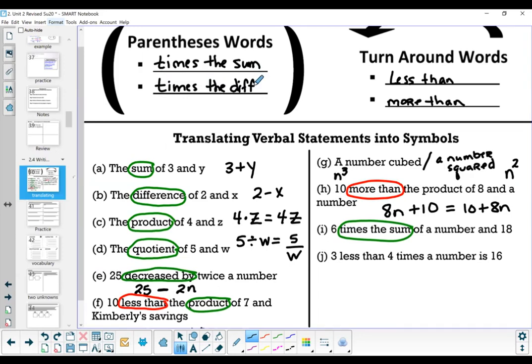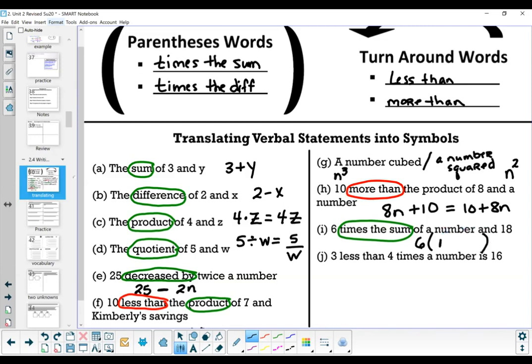You're putting the number that's being multiplied, 6, and then times the sum. So in parentheses, you're going to put a sum. 6 times, and then inside of parentheses, you're putting something that's added together. The sum of what? A number and 18.